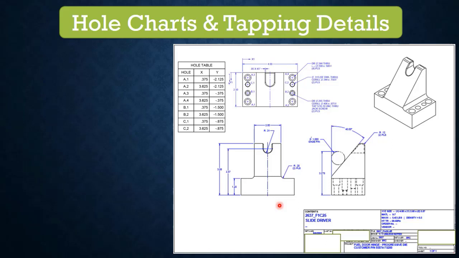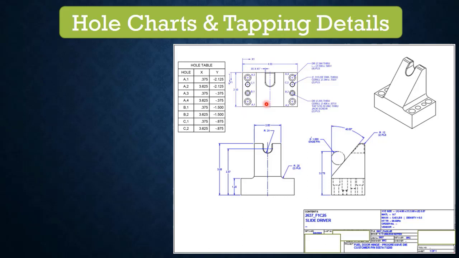Here I will show you the example. This is the slide driver, and you can see in the small block there are 8 holes, and they are in different circle designs, and we need to capture all this in the drawing with the dimensions of x, y. Then it becomes complicated to understand for the milling machine operator.